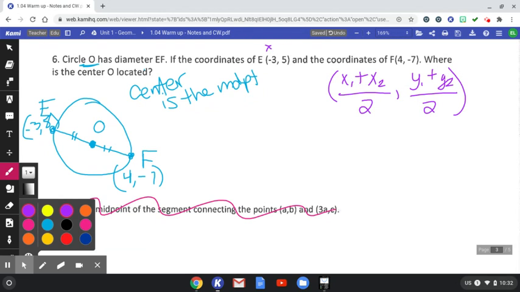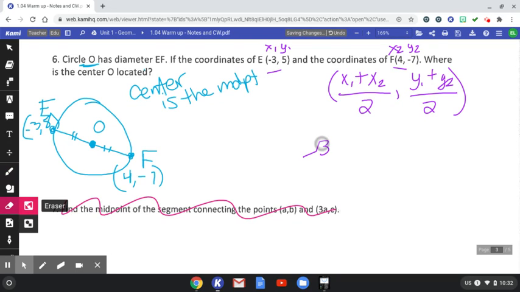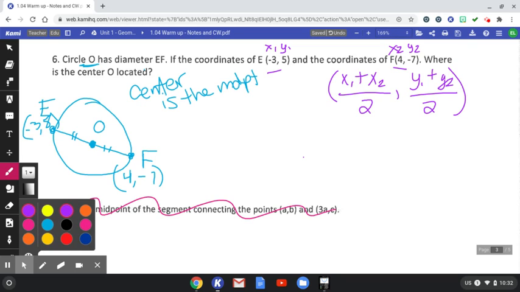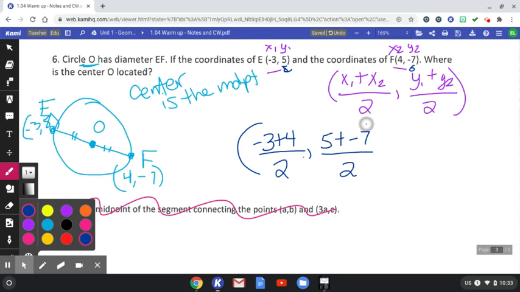So if it helps you to write x1, y1 over one value, x2, y2 over the other, we're going to add our x's. So negative 3 plus 4, and then we divide by 2 is our substitution. And then our y values are 5 plus negative 7 over 2.